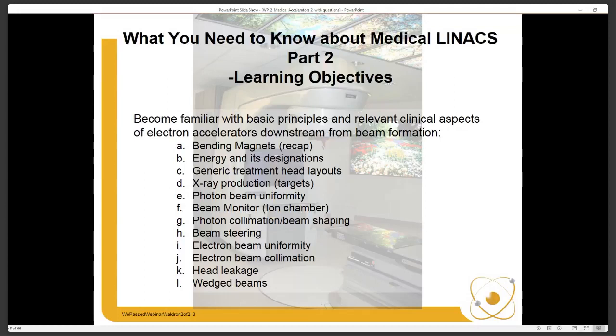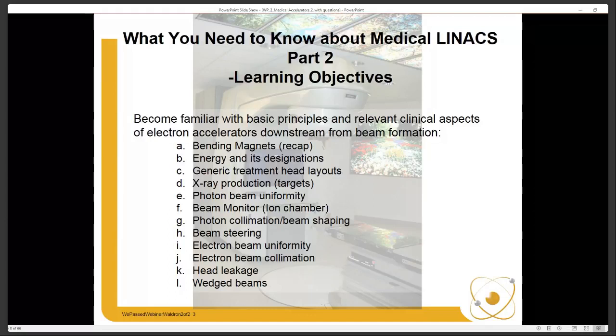How do we shape or collimate the photon beam? What are some of the effects of beam steering? And then what about electron beam uniformity and collimation? We'll then shift gears one more time and talk about head leakage and wedges and their effects on beams.